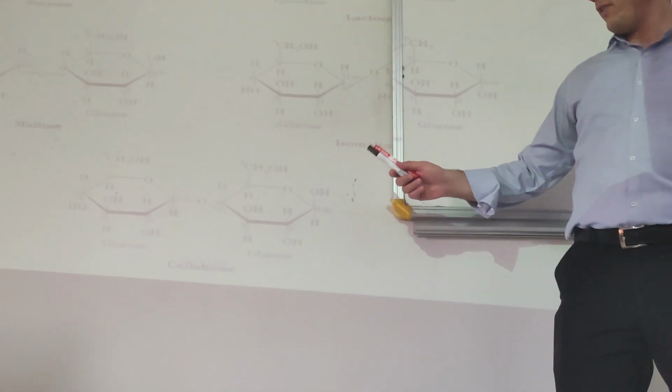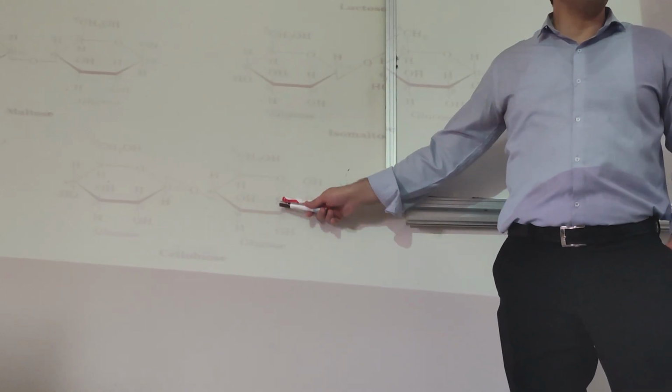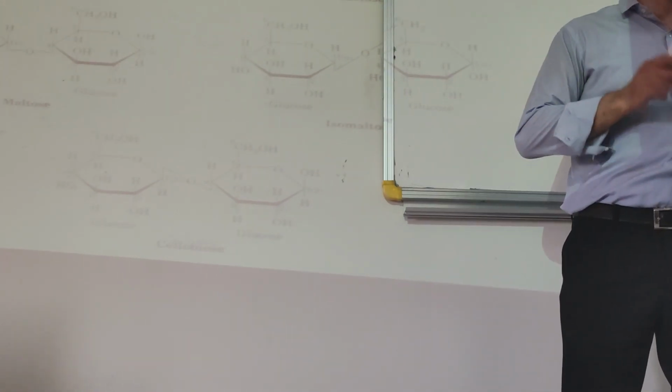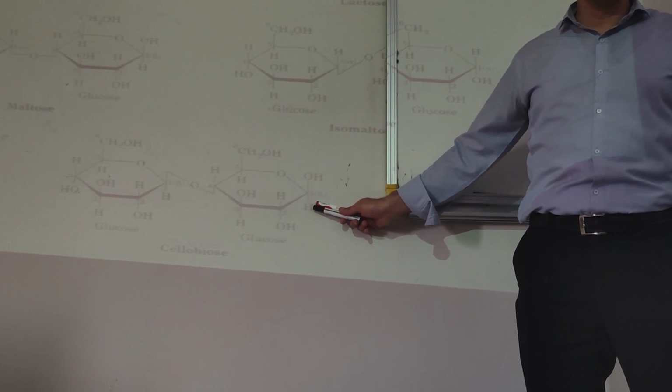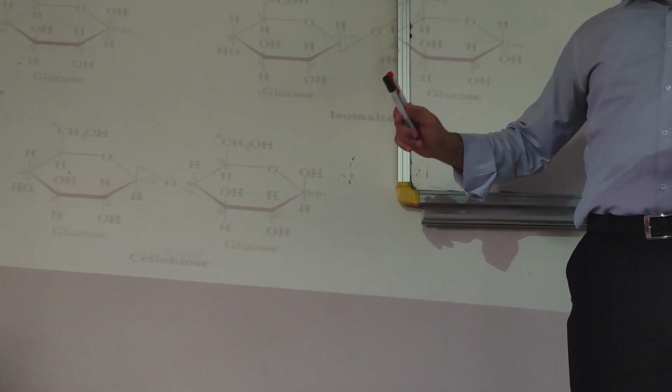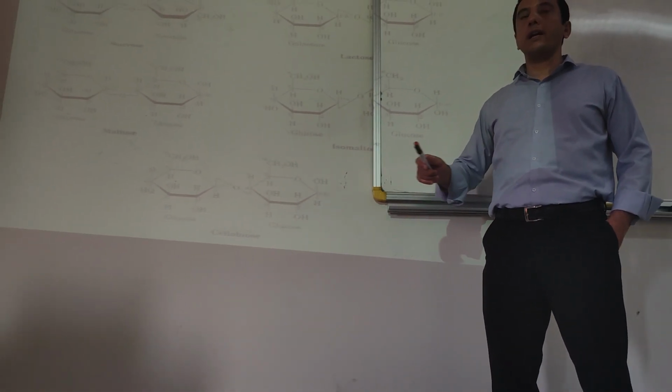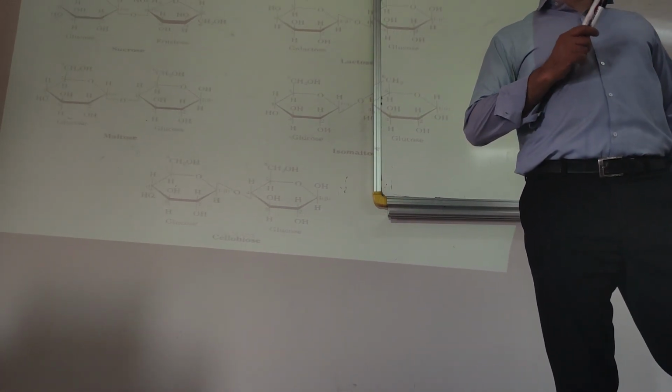So if anywhere we have a free OH on an anomeric carbon, therefore we have a reducing sugar, and it is very important. Why?